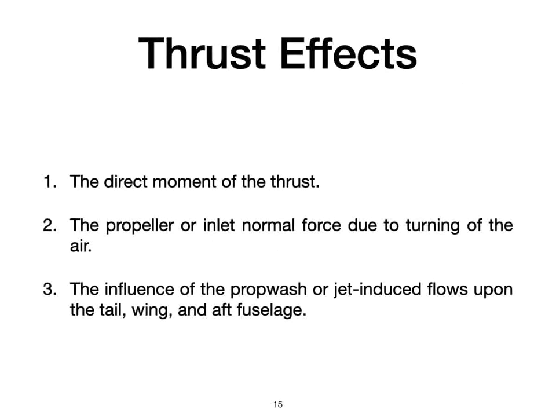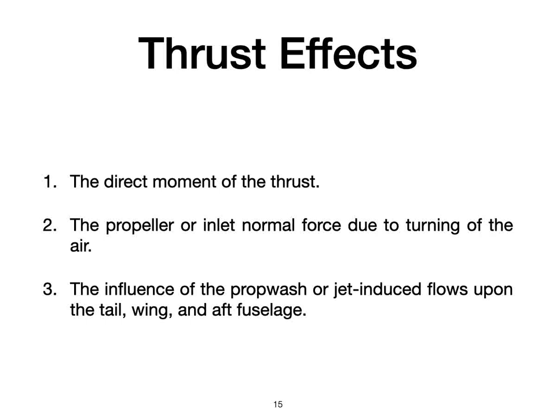Thrust effects. Thrust has three effects. First, the direct moment of the thrust. That is, it is simply the thrust times the moment arm about the center of gravity. Second, the propeller or inlet normal force due to turning of the air. The normal force due to the turning of the air at an inlet front face FP can be calculated from momentum considerations.